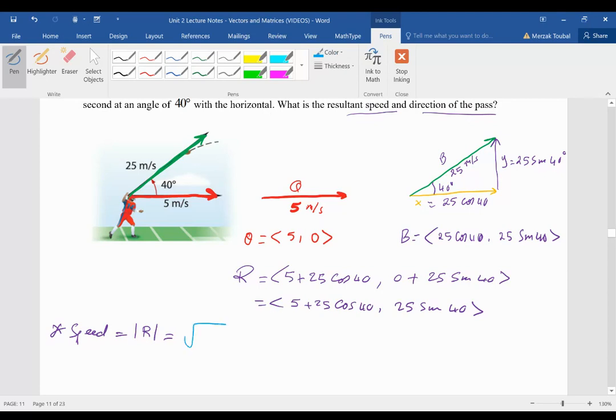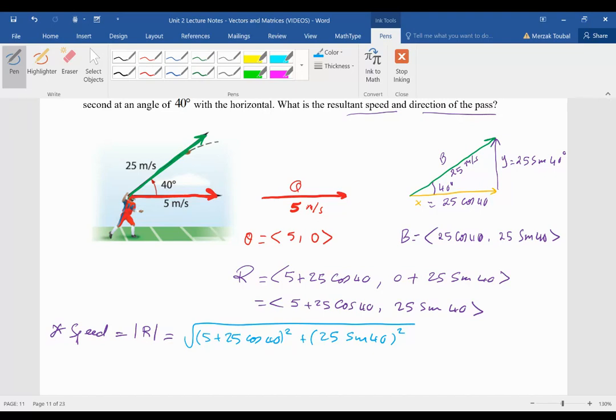What is the magnitude? It would be the square root of x squared plus y squared. So (5 plus 25 cosine 40) squared plus (25 sine 40) squared. Now let's do some calculations. We're going to take the square root of that and see what we got.